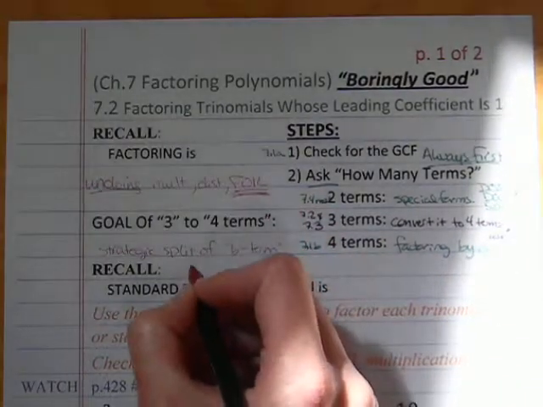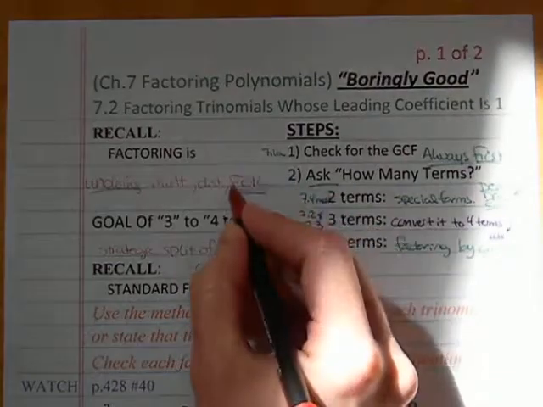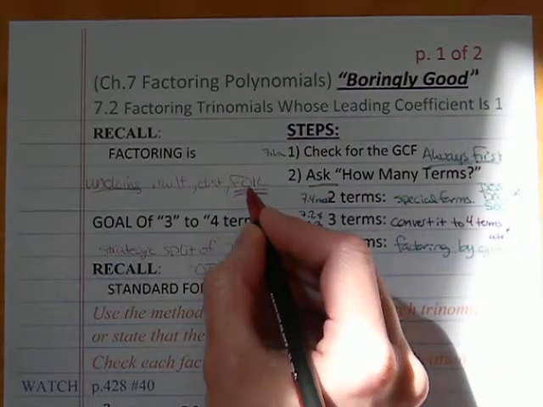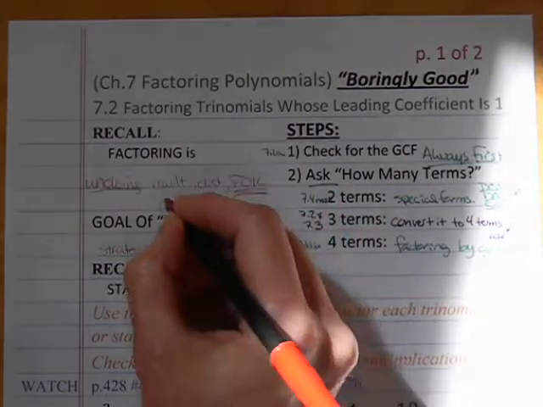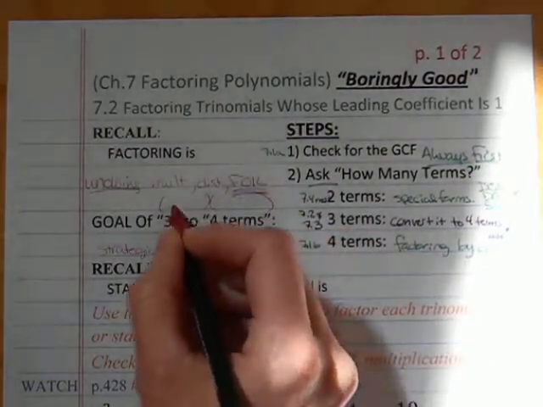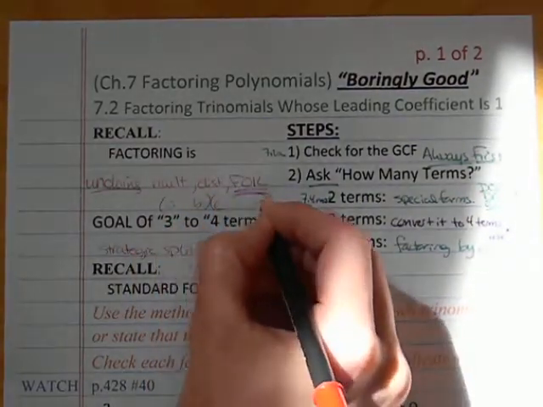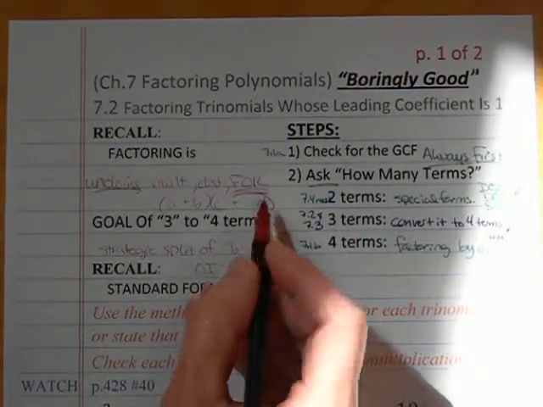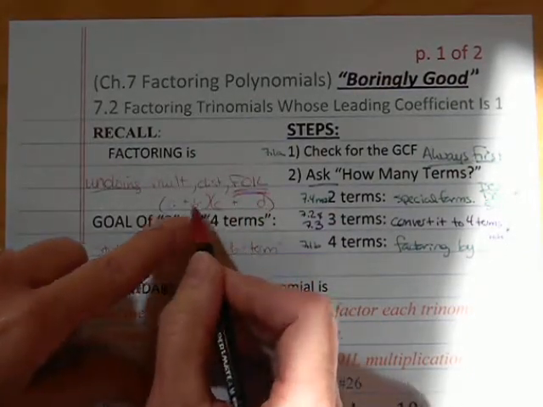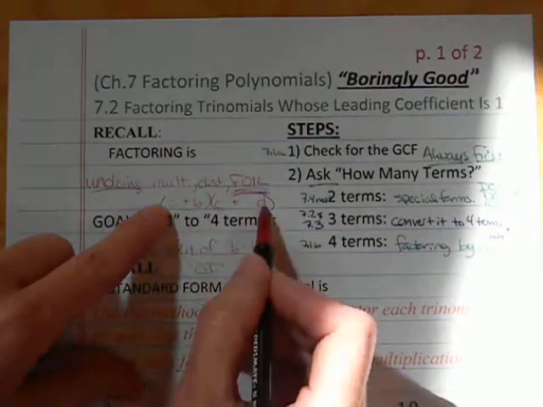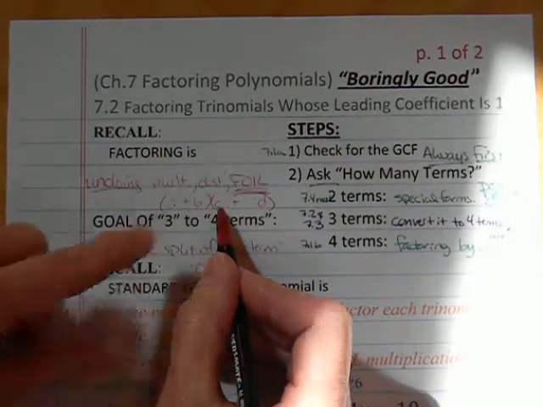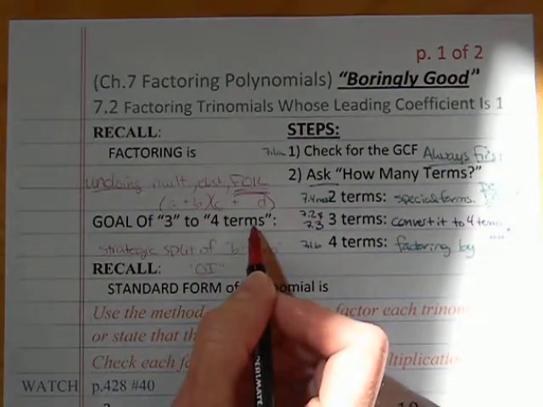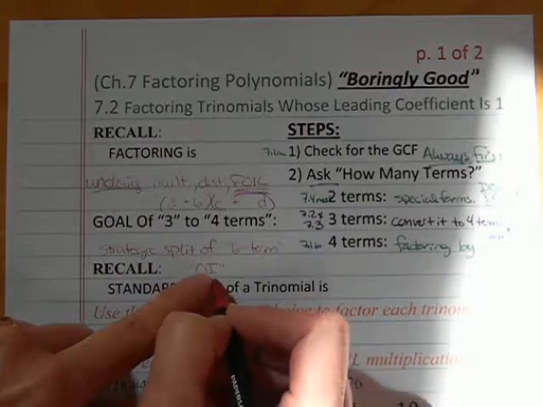In other words, the OI, when you foiled, when you did the first times first, outside times outside, inside times inside, last times last, when you had a foiling situation, A plus B, C plus D, first times first, last times last, what you may have noticed is that your outside inside pieces, your outside times outside, inside times inside, created like terms. A lot of times it created like terms, and then you were to combine them.